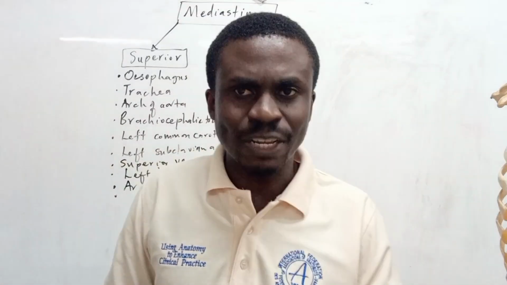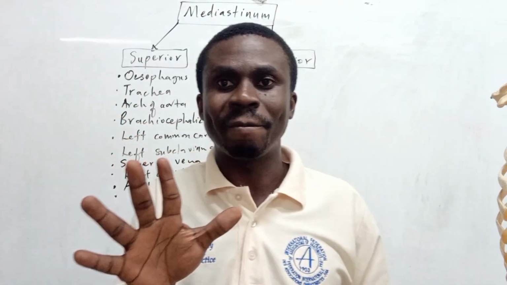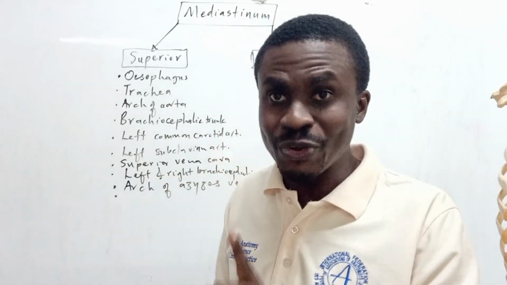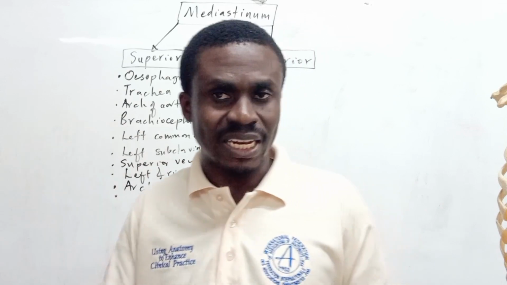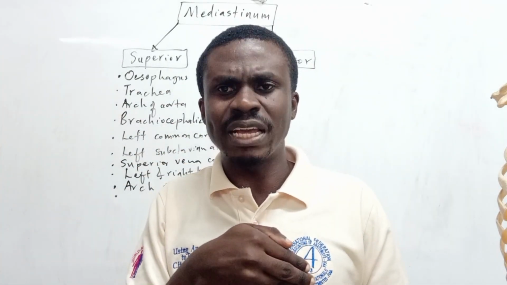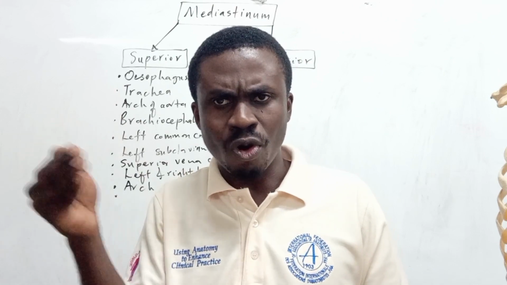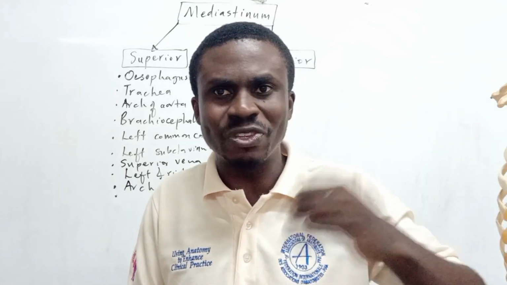And how about the last one, the last vein, so that I get 5 veins in the superior mediastinum? My friends, the last vein we are talking about is a tributary of what we call the left brachiocephalic vein. Now remember that the left brachiocephalic vein is longer. Yes, it's more oblique, more horizontal compared to that of the right. The right, that's where superior vena cava is, so it goes down straight.